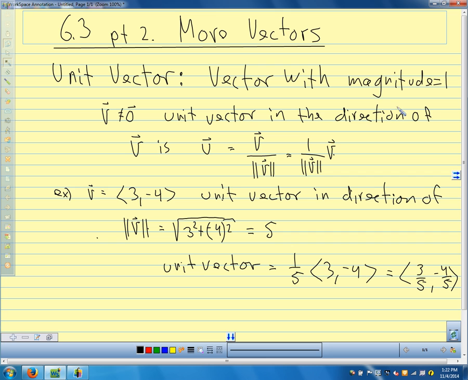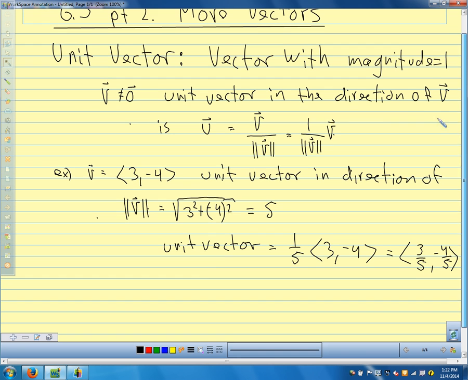The unit vector in the direction of v, u for unit vector, is v over the length of v. And if we found the length of this vector, we would find that the magnitude comes out to be 1. So to find a unit vector, divide the vector by its length.